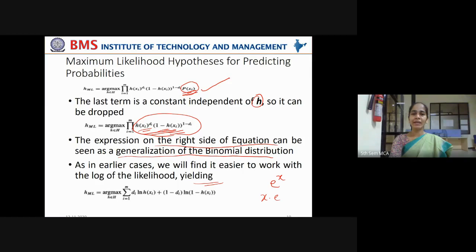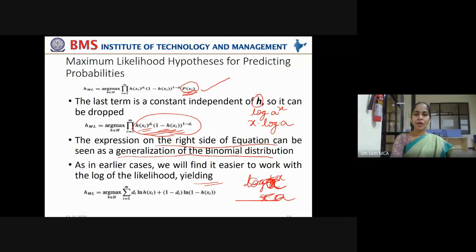In the same way, let us just take it as a power x. If you apply log to a power x, then we can write it as x into log of a. Is it clear now? Okay.